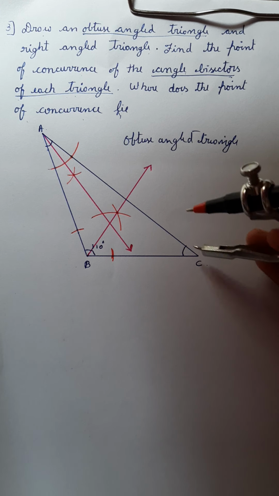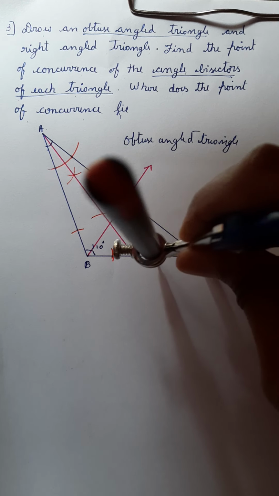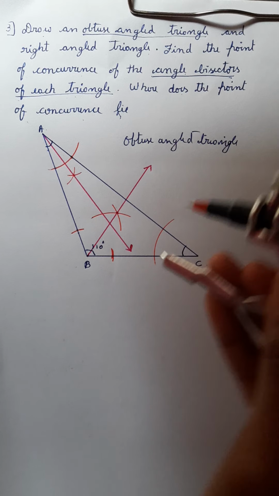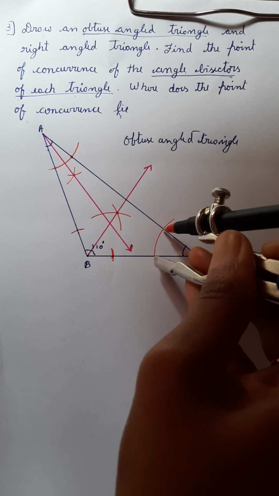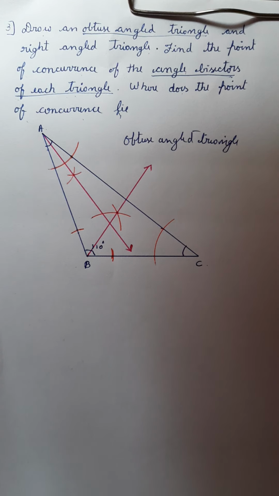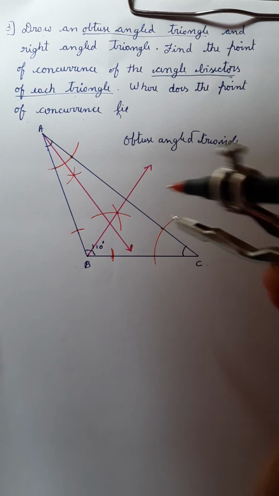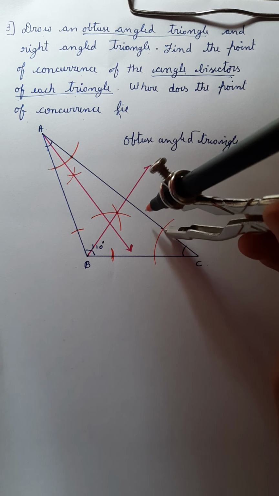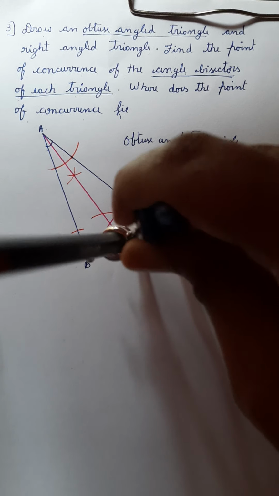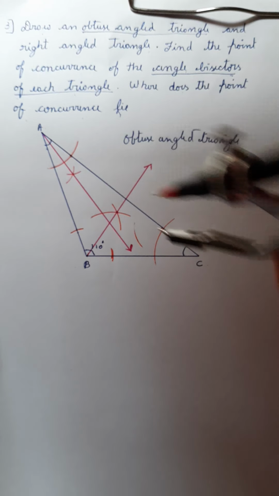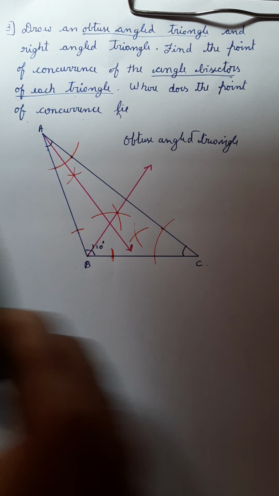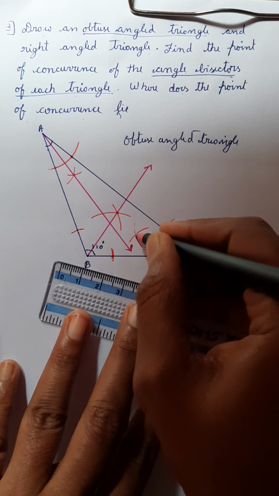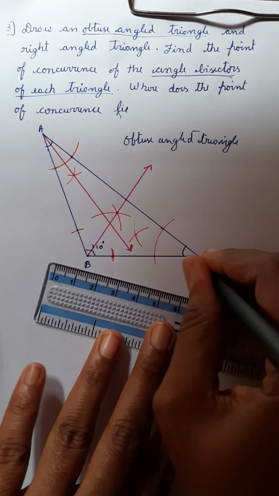Next, draw the bisector on C. Take a small arc and take the measure of this. After taking this measure, keep on that point and cut the arc and join to C. This point and this point.